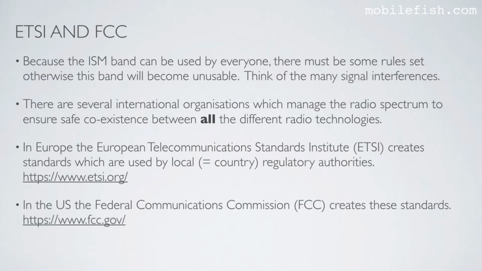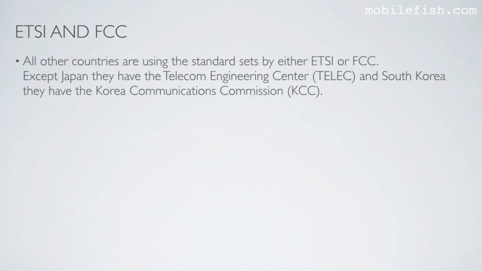In the United States, the Federal Communications Commission, aka FCC, creates these standards. More information about FCC can be found at this location. All other countries are using the standard set by either ETSI or FCC. Except Japan, they have the Telecom Engineering Center, and South Korea, they have the Korean Communications Commission.